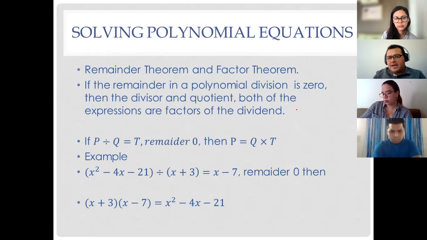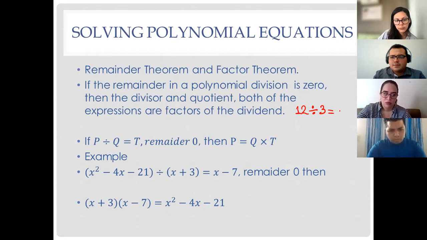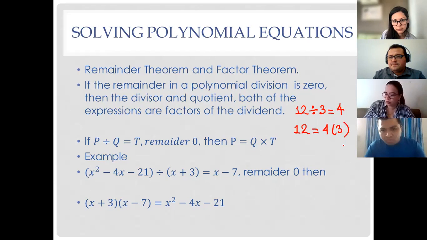I mean, if I have 12 divided by 3, what's the result? Four. 4. Excellent. Why is it 4? Because 12 can be written as 4 times 3. Same idea here, just that we are working with polynomials, of course.